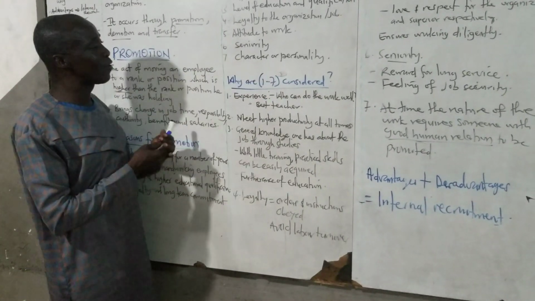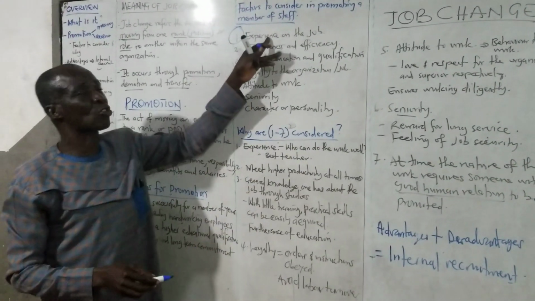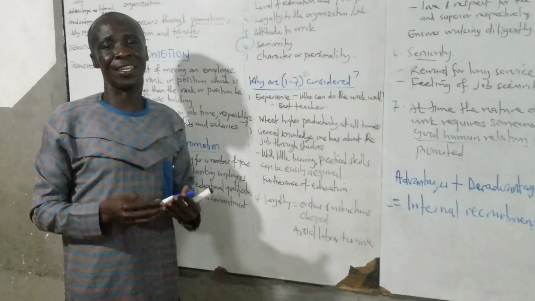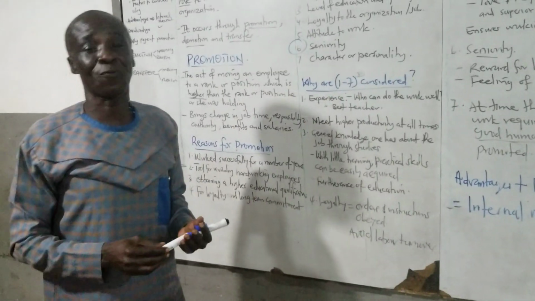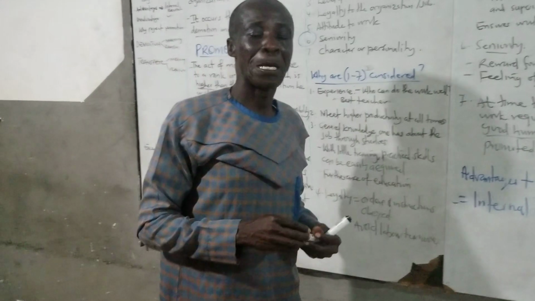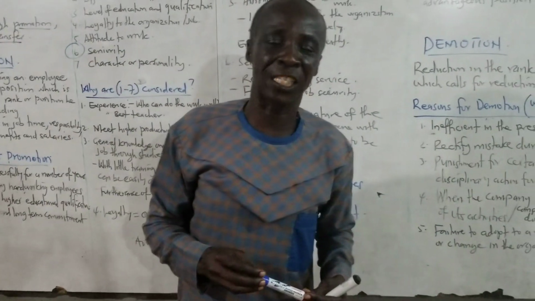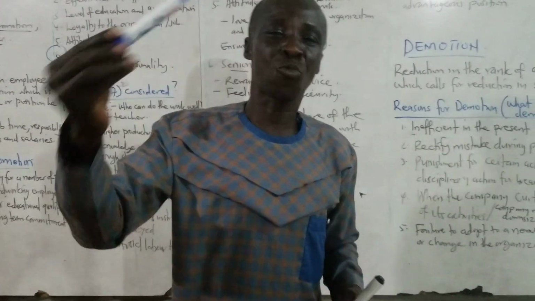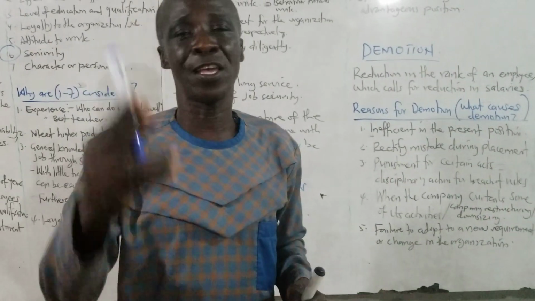Now let's look at the difference between experience and seniority. Experience talks about the number of years you have worked, either within or without the organization. For example, I can say that I have 27 years experience in teaching, because I worked as a teacher at the basic level for 4 years.